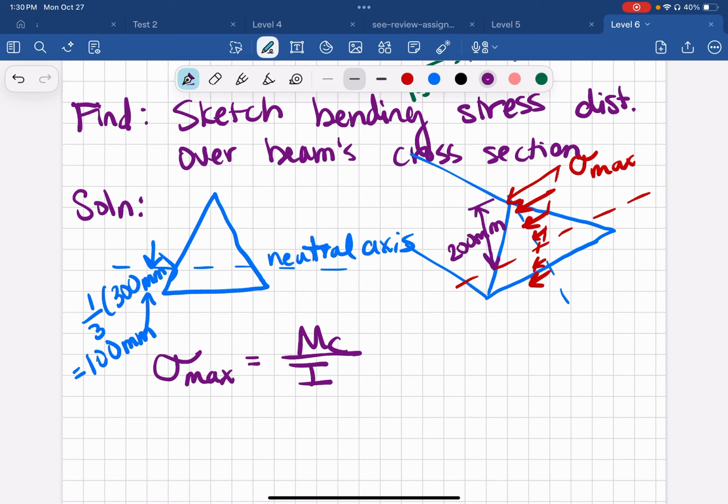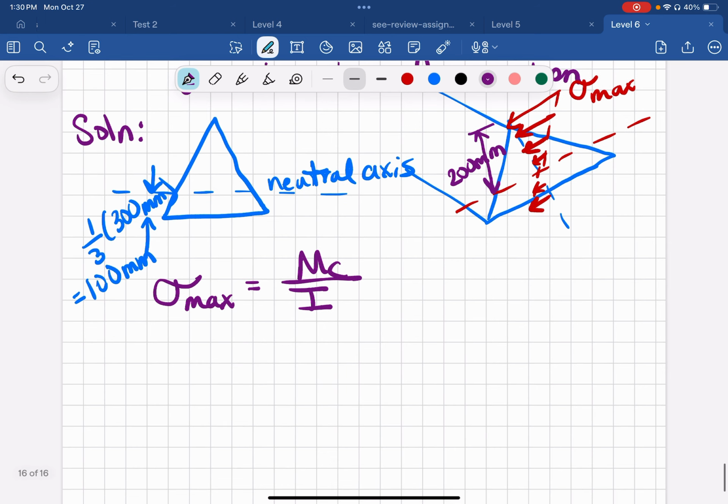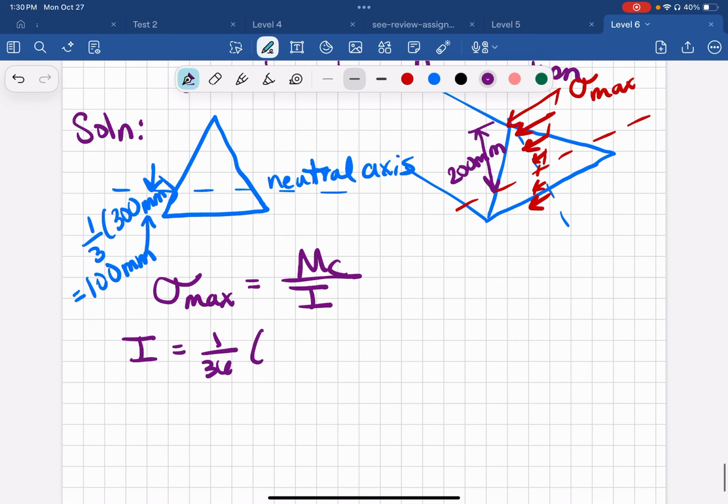And then I, we can also calculate. I of a triangle is going to be 1/36 times the base, which is 300 millimeters, times the height, which is 300 millimeters, cubed. So I'll calculate that really quickly.